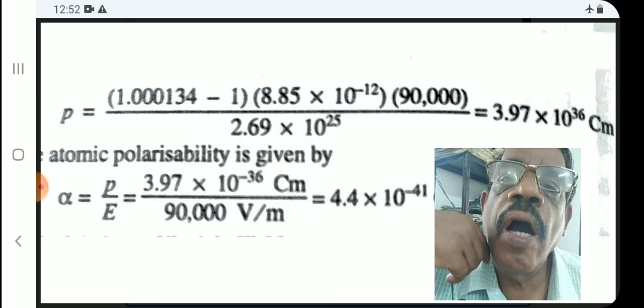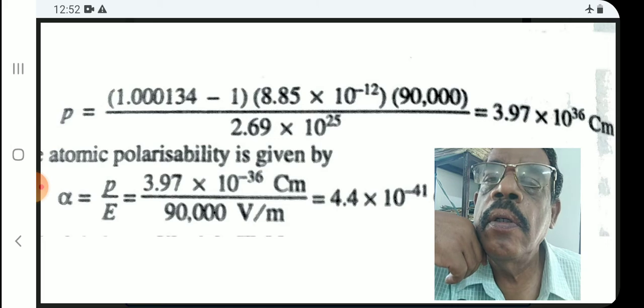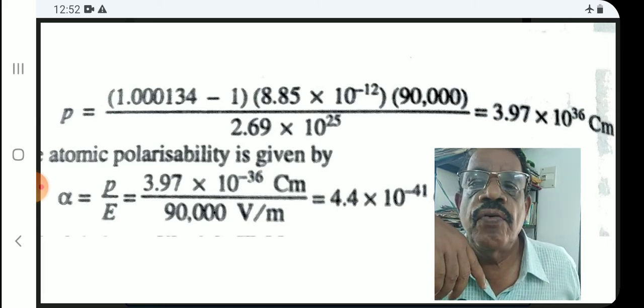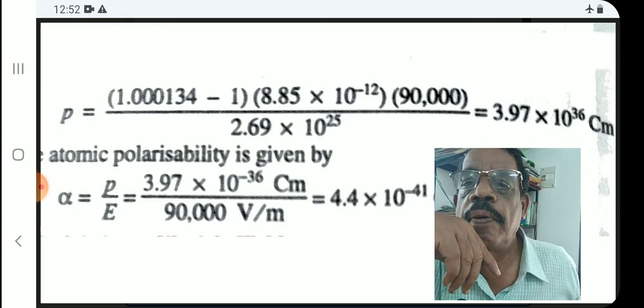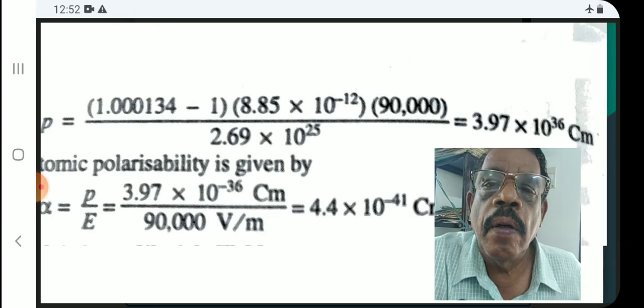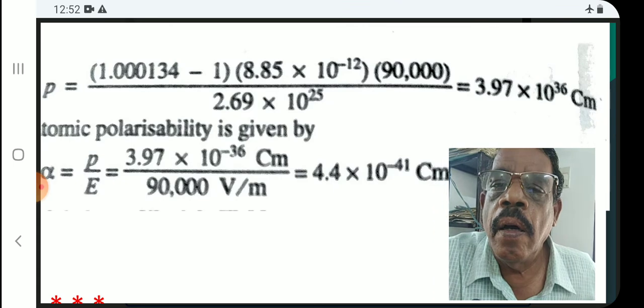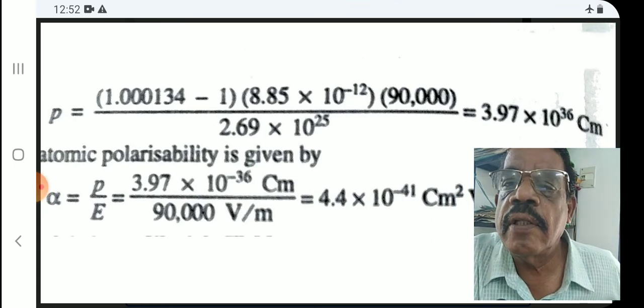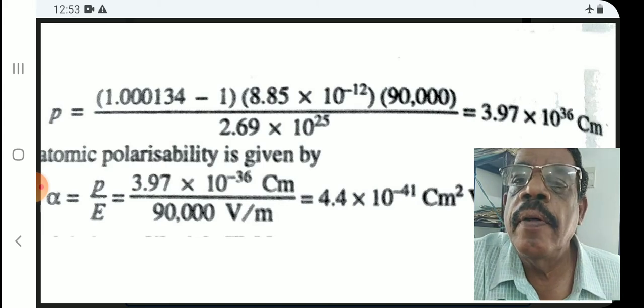It is written as 36; you see whether 36 will come or not.